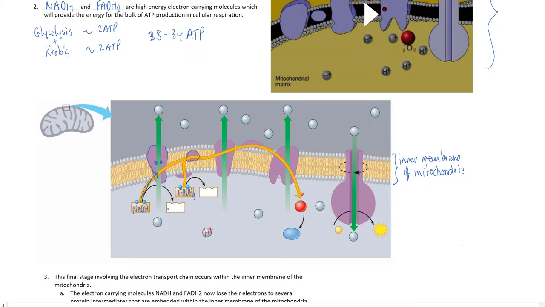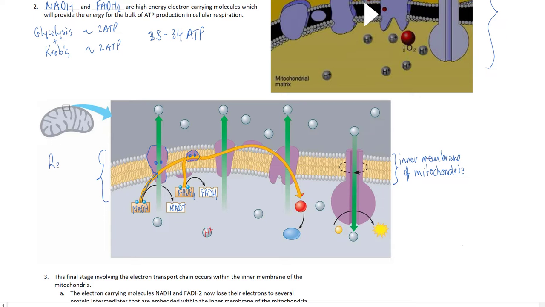As they do so, of course, they go back to their original forms. As NADH gives up 2 electrons, it will return to NAD+, and FADH2 will return to FAD as they give up these electrons. Again, we've got a series of redox reactions.